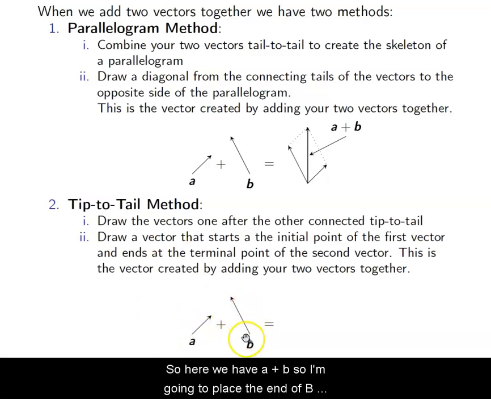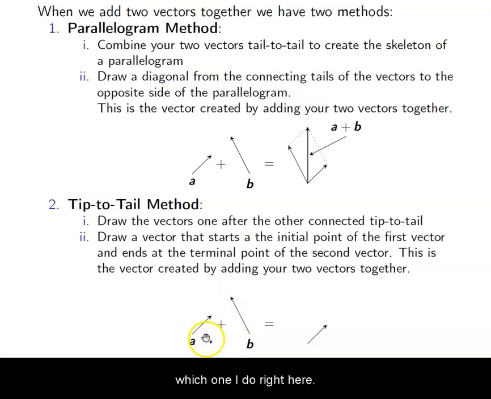So I'm going to place the initial part of B at the end of A, or vice versa. I can take B and I can put the initial point of A at the end of B. It doesn't really matter which one I do, but here we're going A and then B, so I'll go in that order.